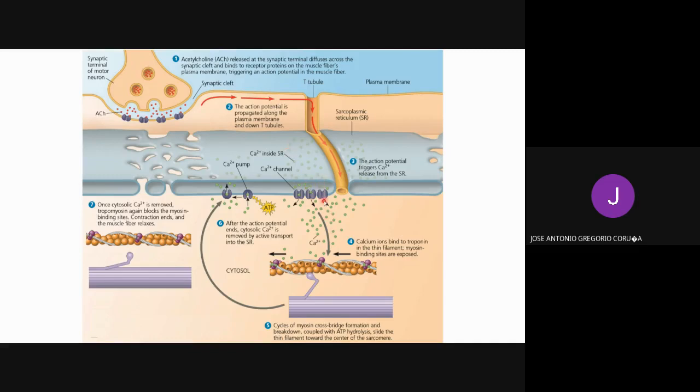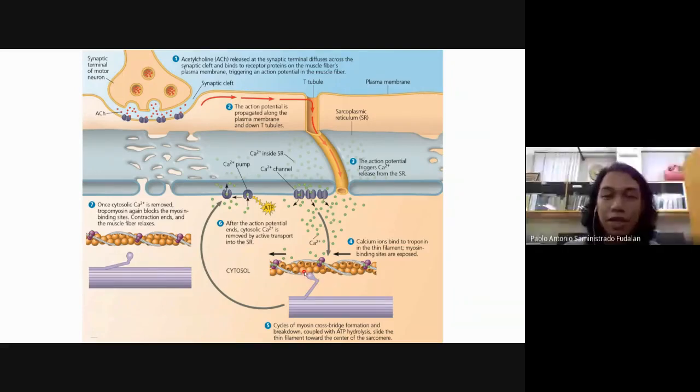Once released, the calcium ions attach to troponin, which is attached to tropomyosin. When they attach, the tropomyosin reveals the myosin binding sites found on the actin filaments. When those are revealed, the myosin forms a cross bridge into the actin filament, and that's where muscle contraction happens, sir.